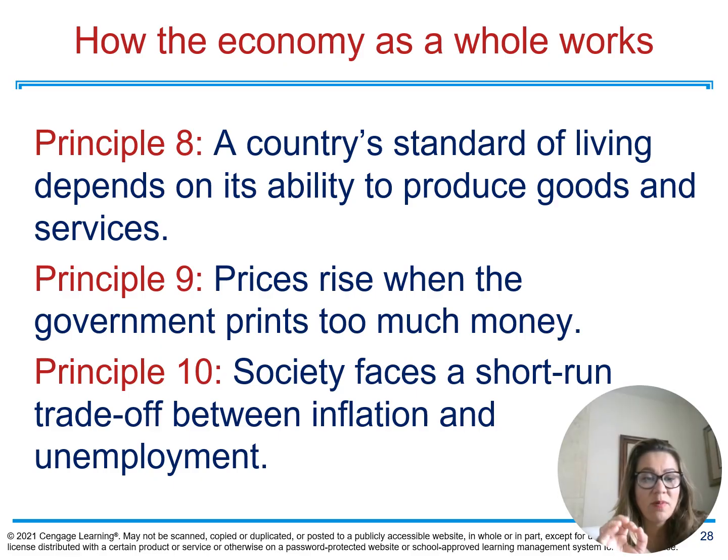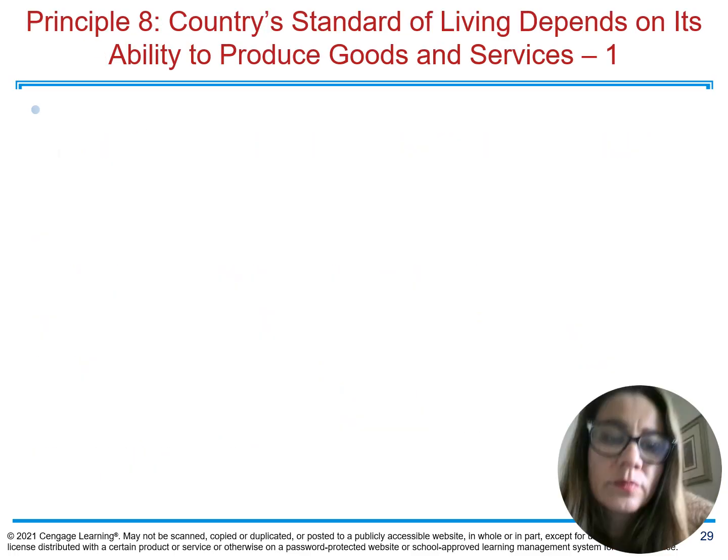Now we're going to talk about the principles that relate specifically to macroeconomics. Principle number eight is a country's standard of living depends on its ability to produce goods and services. Principle number nine would be prices rise when the government prints too much money. And principle number 10 would be society faces a short run trade off between inflation and unemployment. So we'll discuss this in a minute.